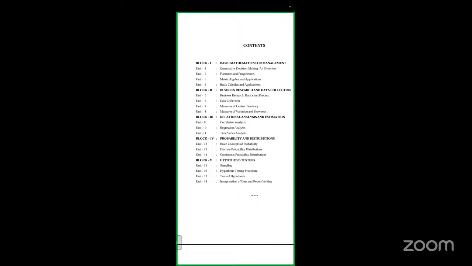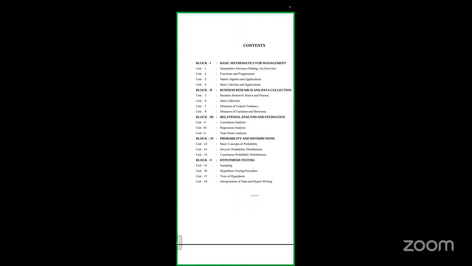The final block is hypothesis testing. In that, we cover sampling, hypothesis testing procedure, tests of hypothesis, interpretation of data, and report writing. So it's a mixture of research methods along with mathematics, probability and statistics.